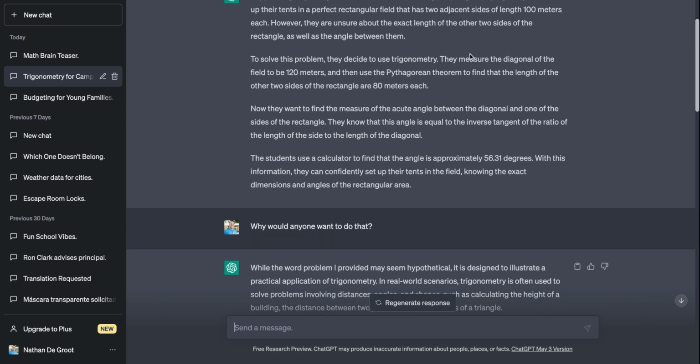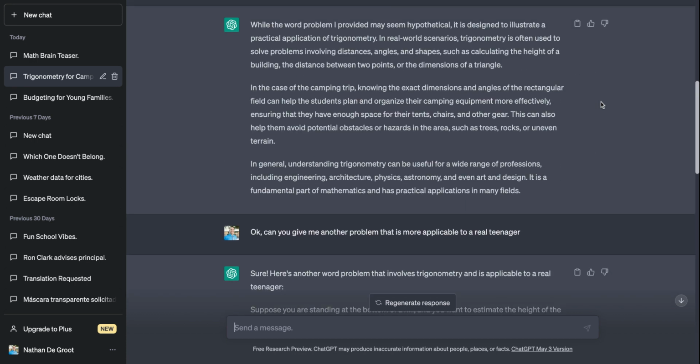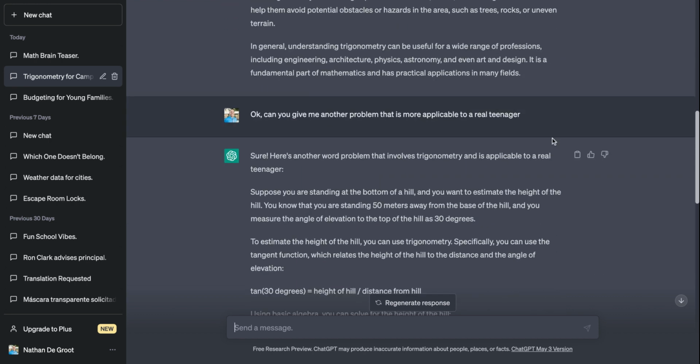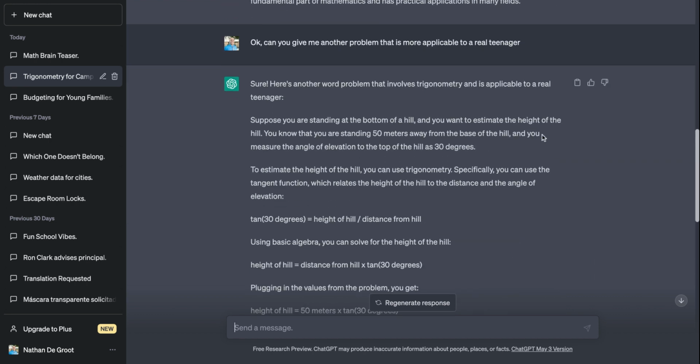Like, why would anyone want to set their stuff in a perfect rectangular field with sides that have this length? And so it kind of gave me some information right here. Probably not something that I would do because I'm not really a camper, but maybe there is a good use case for that.